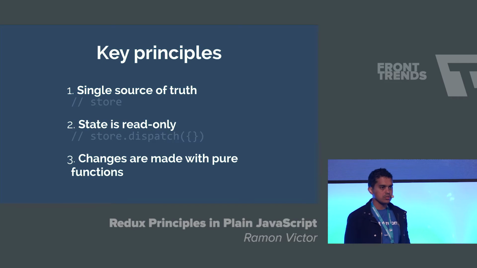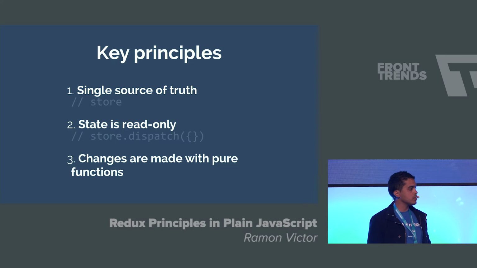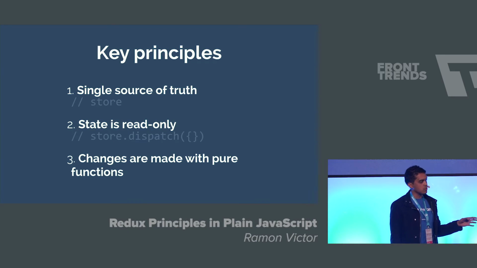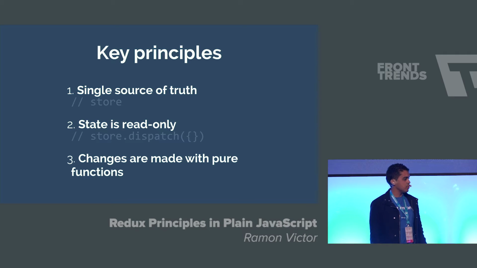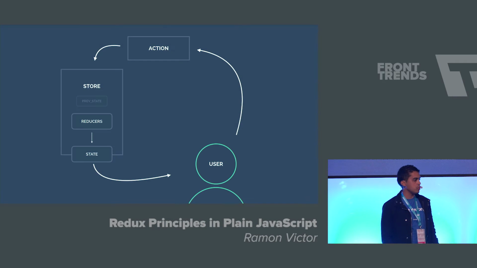You have a single source of truth, which they call the store, which is pretty much where you put all the state of the app. And then the only way you can update that, which is the second principle, is by dispatching some actions. I'm going to show some code so that it will make a little more sense when you see the examples. And the third one is that all the changes you make inside of the store to update the state, you make using just pure functions that take some arguments and do not access any global function from the outside scope.